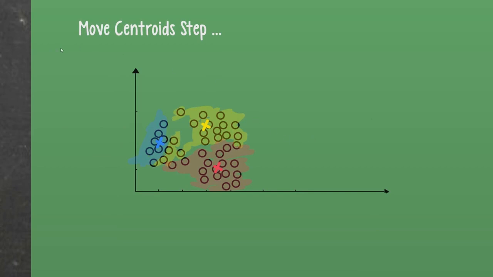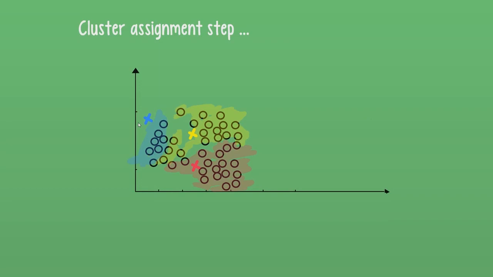Then we move the centroids to the mean of all the data points in each cluster. What do we mean by that? We have these data points. We already assigned them to this centroid. This centroid was here, right? Let's go back. Okay, you see, the centroids are here, here, here. So what do we do? We calculate the mean. That means we add up the positions of all these data points, and we divide by the number of data points.